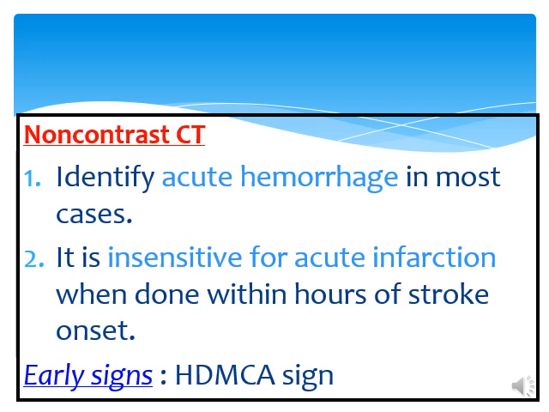So if the patient comes to the ER with suspected stroke and you did a non-contrast CT scan and didn't find hemorrhage, now by exclusion, with the findings in history and examination, the patient is having ischemic stroke.